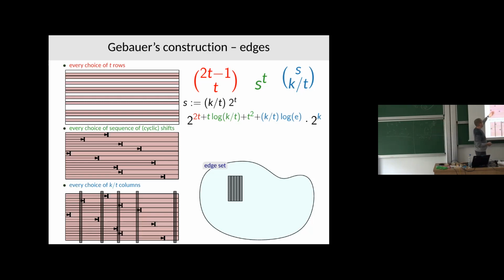It was in fact stated in this way in Gebauer's paper, but just not to lose intuition, note that what I said about random shifts is just an argument. The procedure just takes every shift. So if there exists one, it will be found and it will be used to construct an edge.